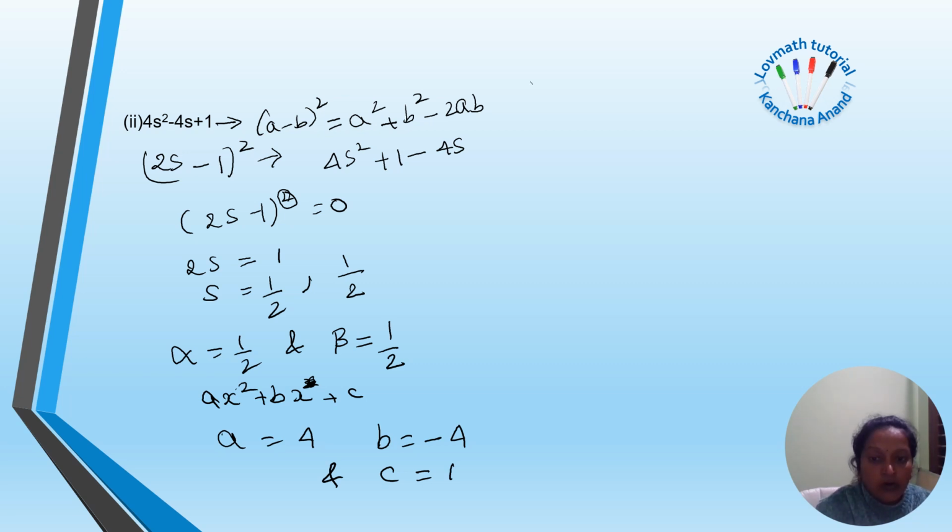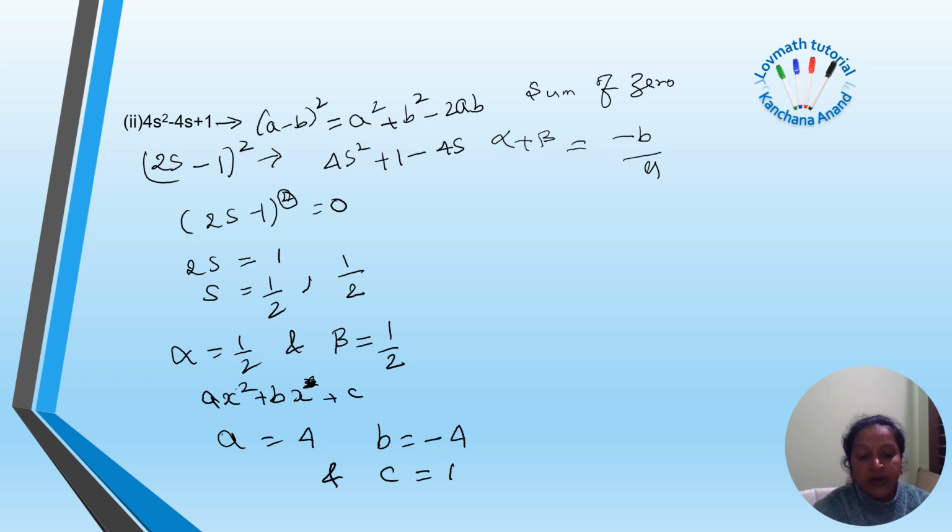So the sum of zeros. Here to find the relationship between the zeros and the coefficients, first we have to find the sum of zeros, that is alpha plus beta is equal to minus b by a.